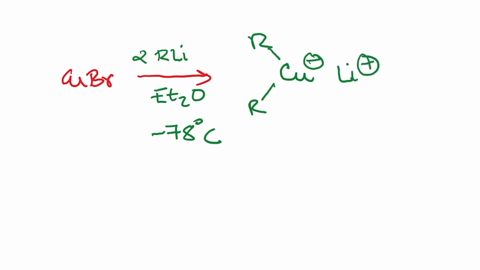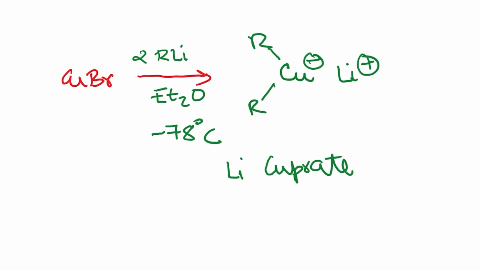Okay, so these are called cuprate reagents. Okay, so this is called the lithium cuprate, and these lithium cuprates are not super stable, and they must be used immediately, but they can be generated, and they also can be isolated under certain conditions, and they invariably give you the conjugate addition product.